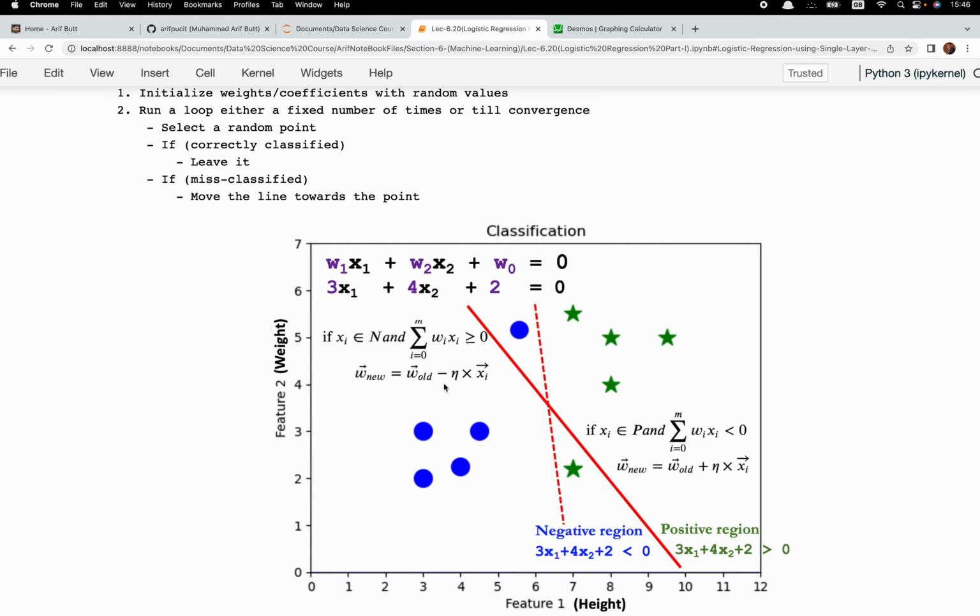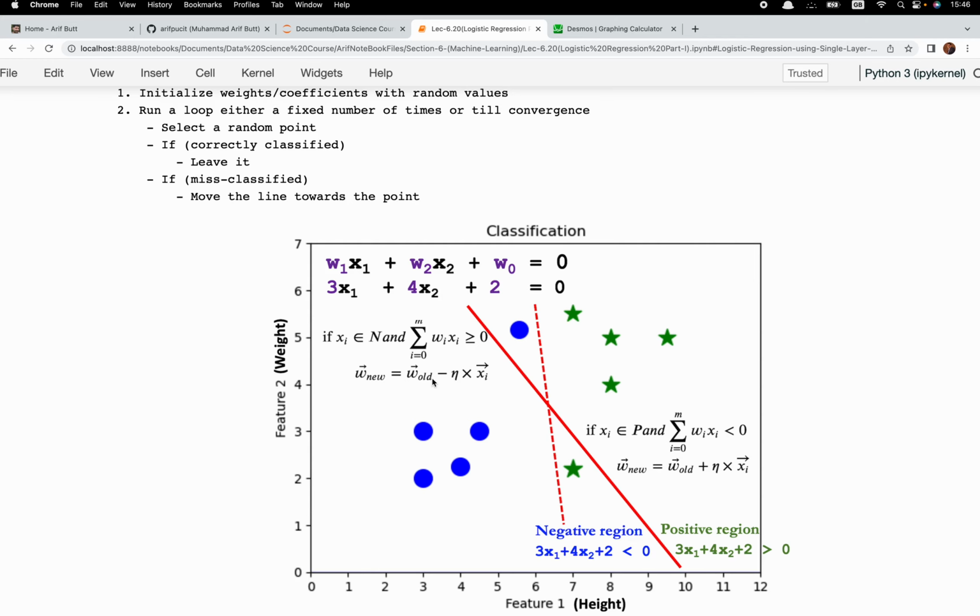And if a misclassified point is in the negative region, you add. Consider this misclassified point, this blue circle. As it is on the positive side, we have subtracted a small amount of values from the old weights to update these weights.